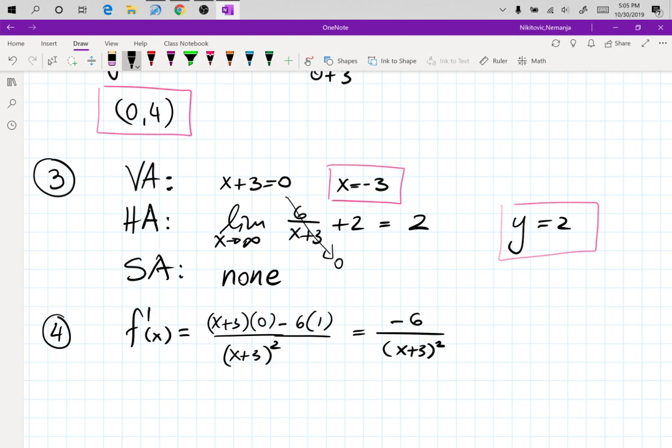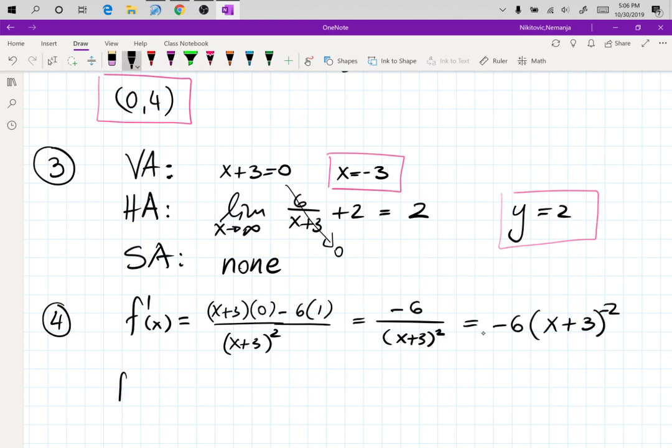Now, for the next derivative, it's better if you write it in line and use chain rule, because using quotient rule with extra chain rule would be annoying. So if you just write it in line like this, you can find the second derivative easier.